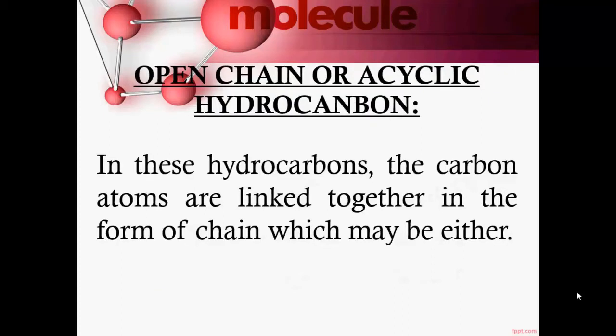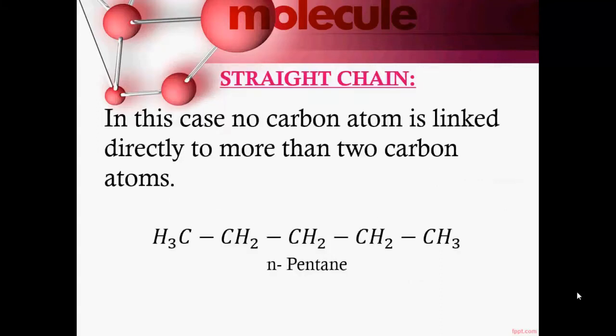In these hydrocarbons, the carbon atoms are linked together in the form of a chain which may be either straight chain or branched. In straight chain, no carbon atom is linked directly to more than two carbon atoms, as in normal pentane, which is given.